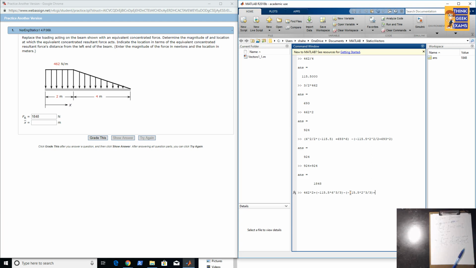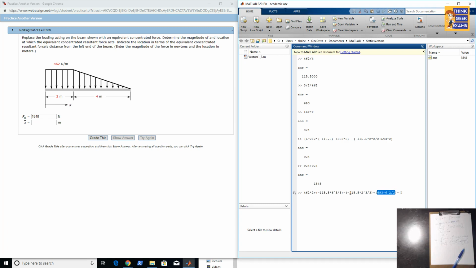The last part is we have again positive and the negative part. Positive part is 693 times 6 squared over 2.